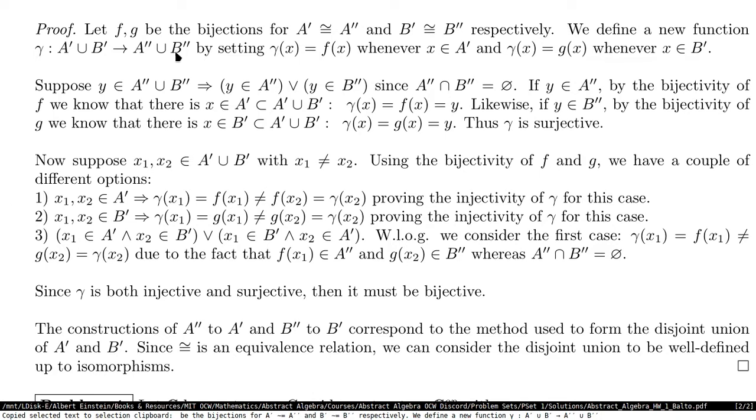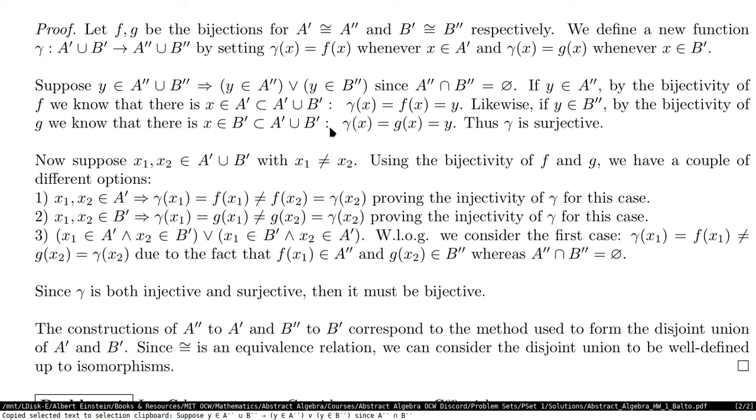Now you take an element y in this union. That implies y is in A double prime or y is in B double prime, of course, since they are disjoint. Now you take the two cases.